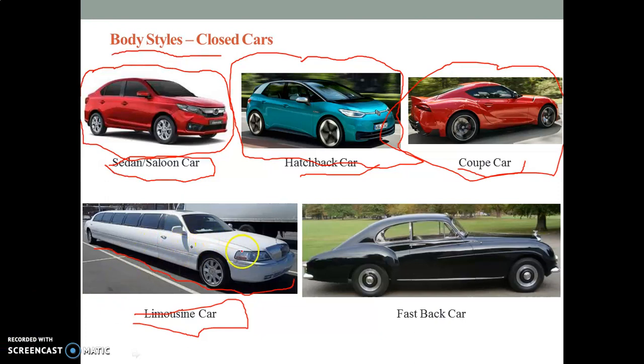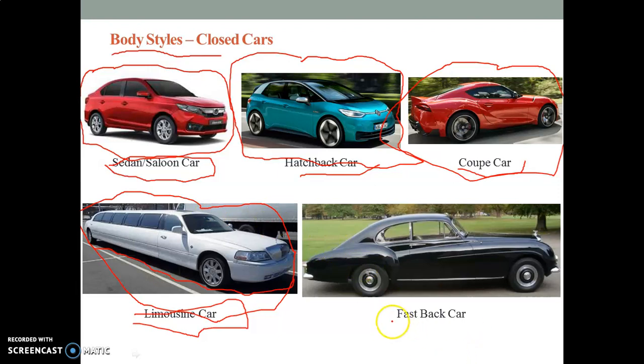The driving compartment is separated from the rear compartment by a sliding glass division. Such cars in India are used on functional occasions.